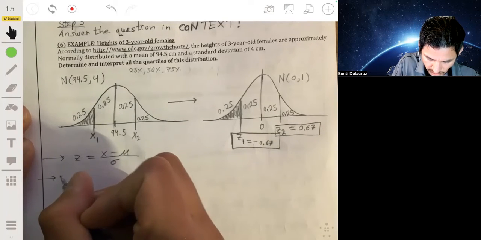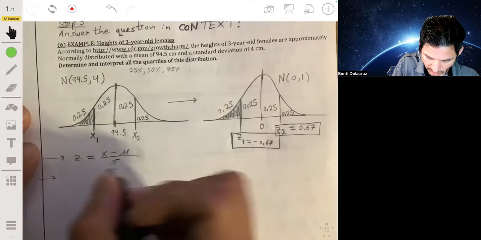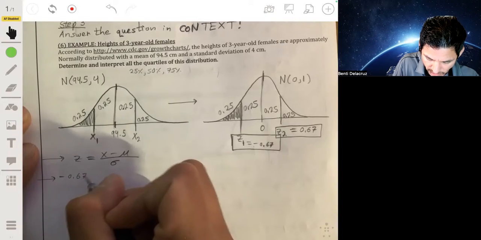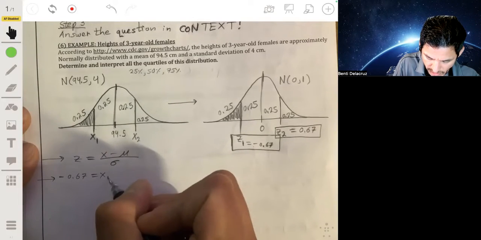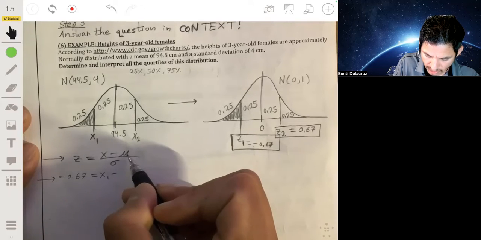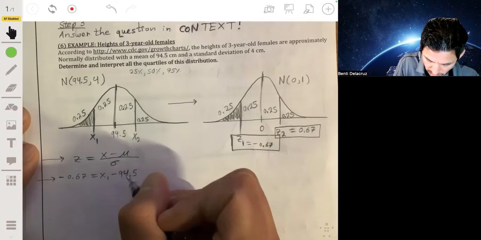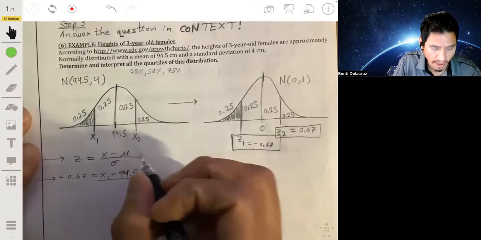So Z1, negative 0.67, is equal to X1 minus the mean, which is 94.5, over our standard deviation of 4.